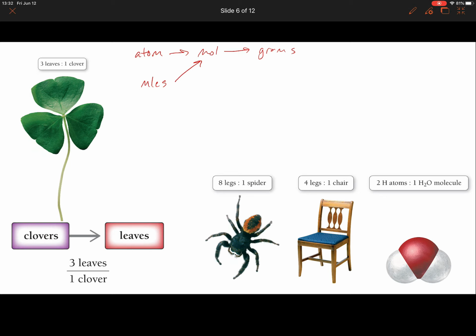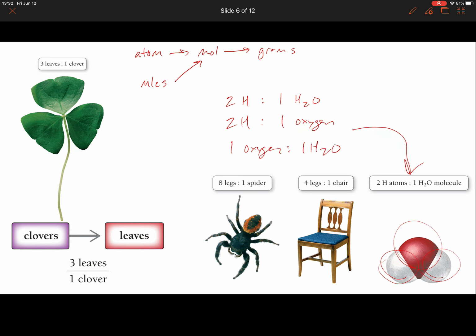So what we can see here from this water formula is that there are 2 hydrogen atoms to every 1 oxygen atom. So there's a few things that we can say. We can say there are 2 H's to every 1 H2O. We can say that there are 2 H's to every 1 oxygen. We can say that there's 1 oxygen to every 1 H2O.